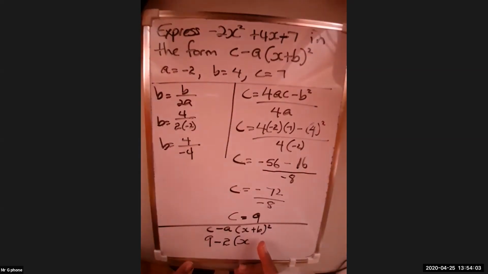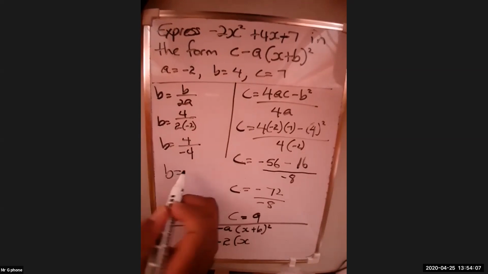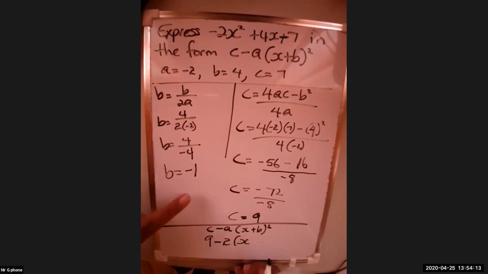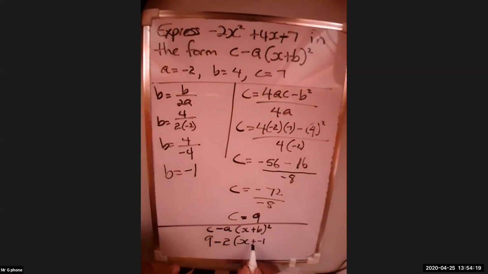Wait, sorry. Yeah, no, B is -1. Number 4. I forgot to look at that. What's going on with me? I have no idea what's going on with me. So yeah, a positive and a negative because it's plus -1, and a positive and a negative gives us a negative. So squared, and that's our answer.